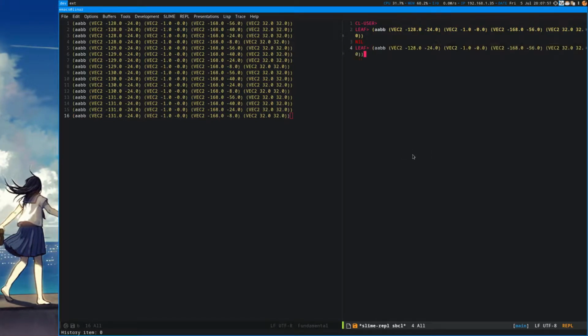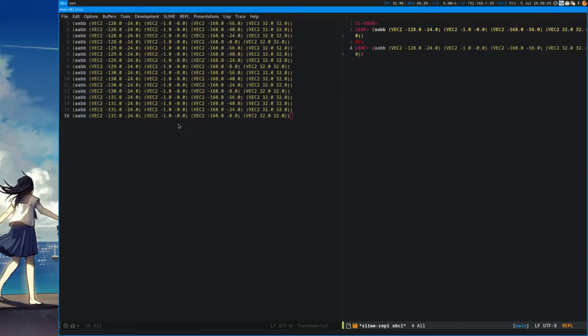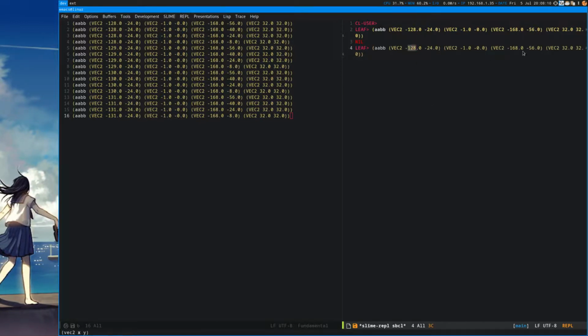So... right, so these are possible collision candidates. 168, they're all at the same location X-wise. It's fine.